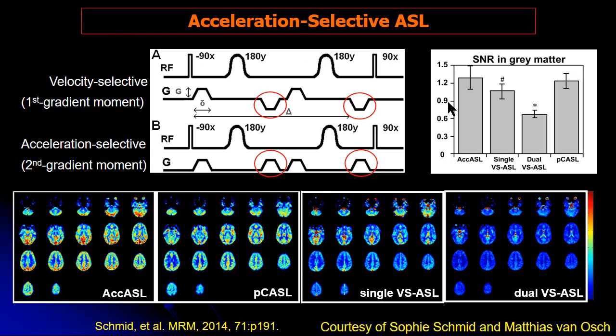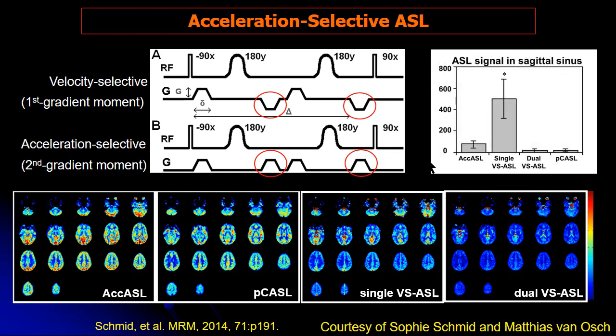They showed that acceleration-selective ASL also has a higher ISNR in the tissue compared to conventional VS-ASL and PCASL, but much less signal from venous blood, because this module itself can only label the arterial blood and doesn't need a second module to remove the venous blood contribution.